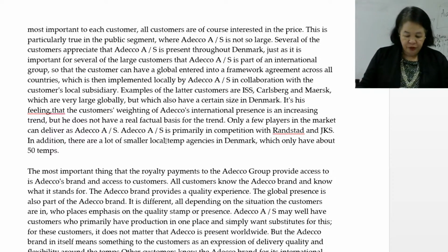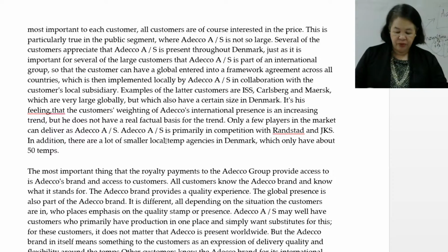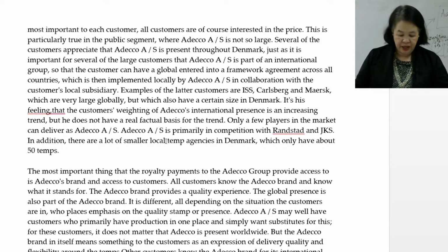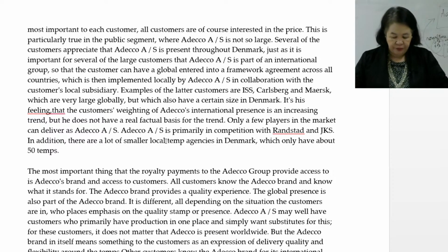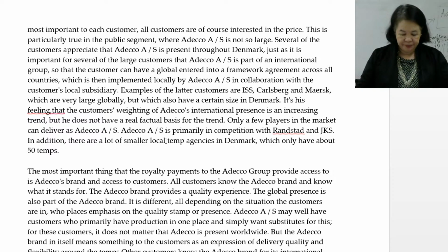The most important thing that the royalty payment to the Adecco Group provides access to is Adecco's brand and access to customers. So all customers know the Adecco brand and know what it stands for. The Adecco brand provides a quality experience.